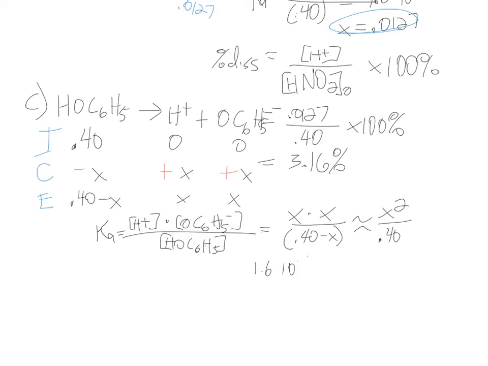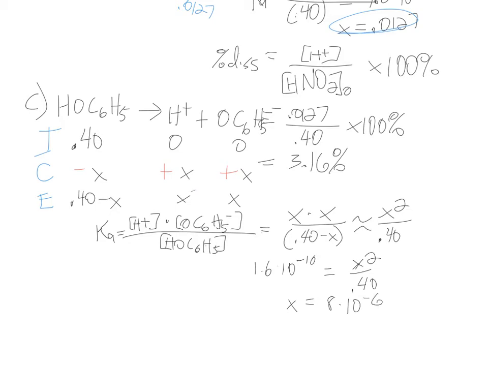And I can tell you, based on the size of this Ka value, in the order of 10 to the minus 10th, we're definitely going to be safe in making the mathematical assumption. So I'll take that teeny tiny Ka value times 0.4 and take the square root of it, and X works out to be, in this case, 8 times 10 to the negative 6th.